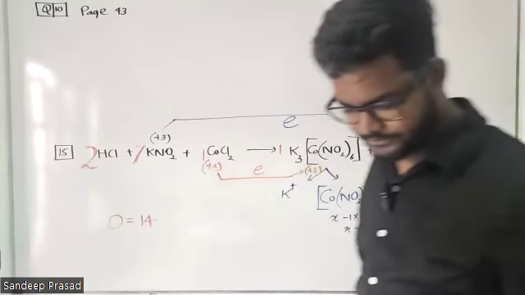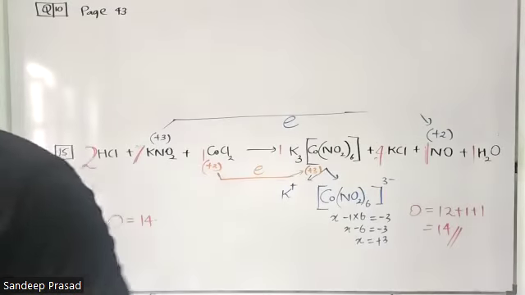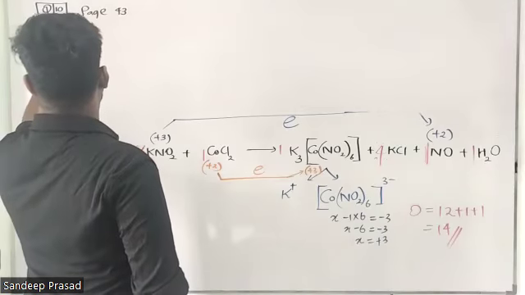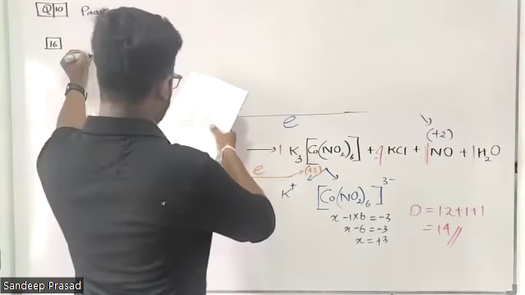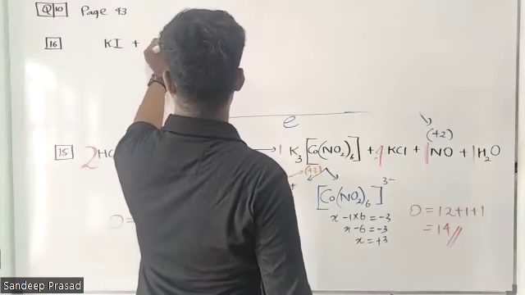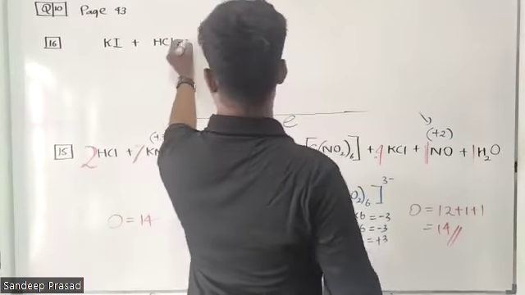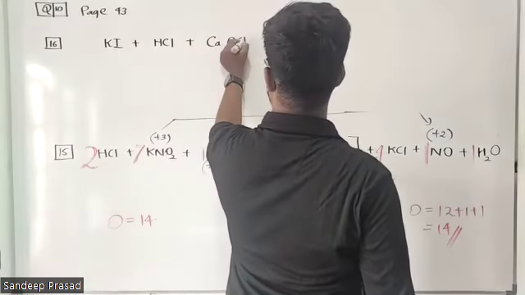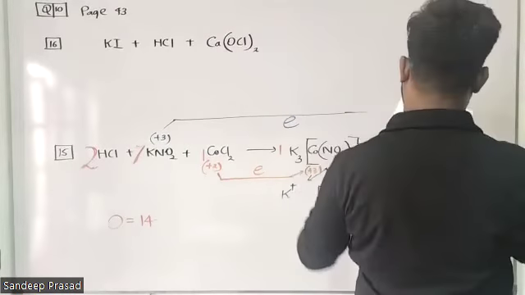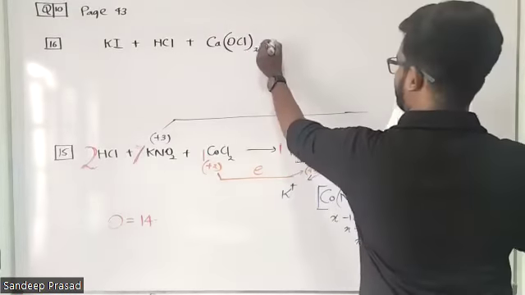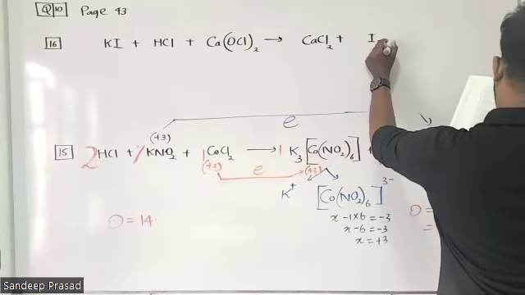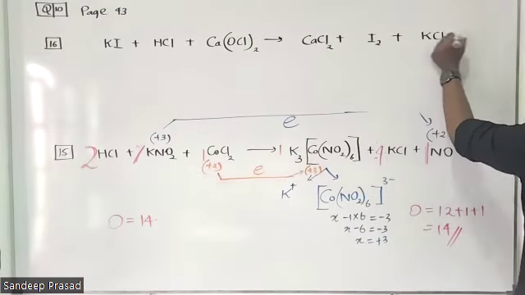Let's go for the 16th one. Potassium iodide, HCl, calcium hypochlorite, producing calcium chloride, iodine, KCl plus water.